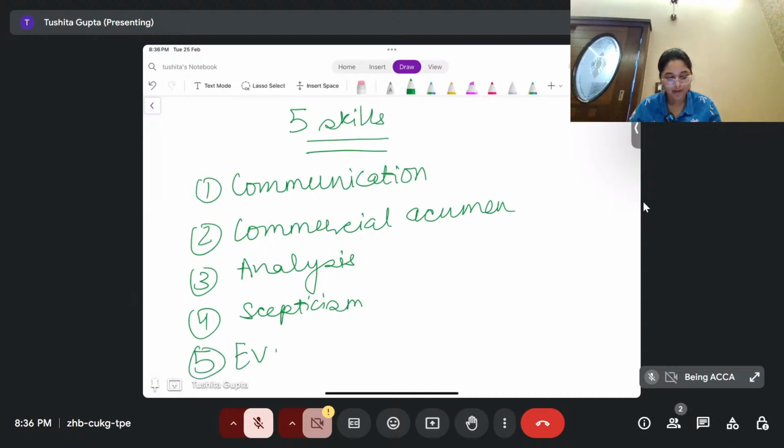These are the 5 skills that come in the ACCA SBL exam, and this is exactly what we are trying to understand here: what these skills mean, and what we can possibly do in our answers to obtain these marks. We will first start off with communication.